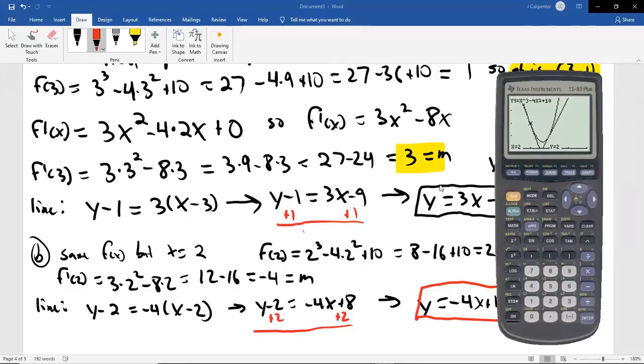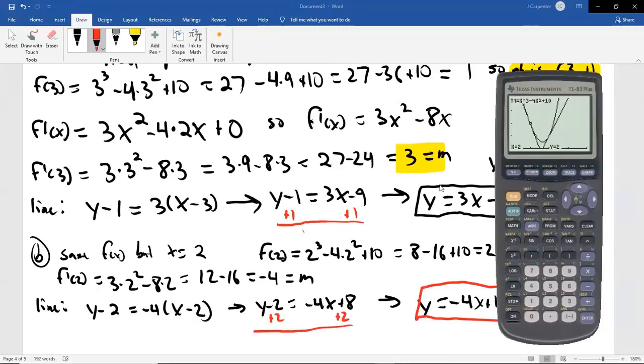Now, what's fun is there is an app online called Desmos, and they've got a really cool program that you can kind of see this with. You can see this demonstrated. You can freely move your x value, and you can freely see the tangent changing. And I don't remember that website off the top of my head.